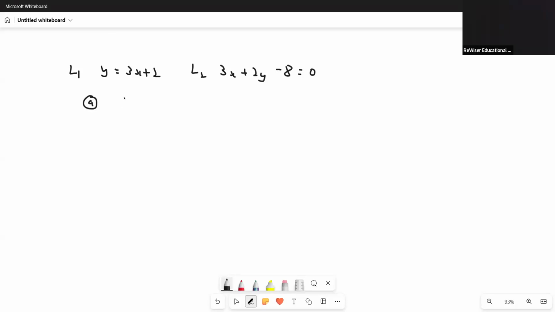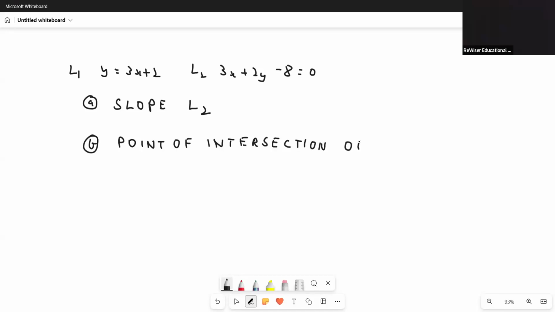First, find the slope of L2. Part B says find the point of intersection of L1 and L2, and the point is P. So you have to get the coordinates of P. So try these two, A and B.